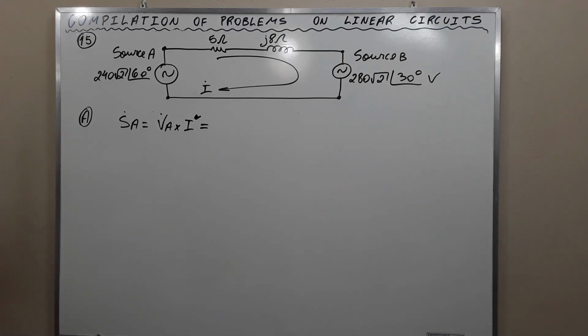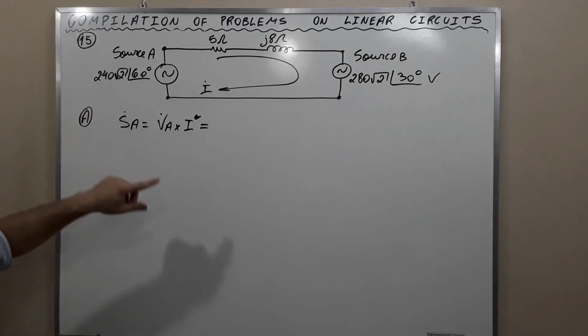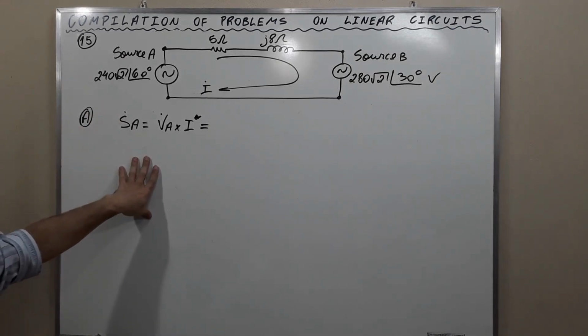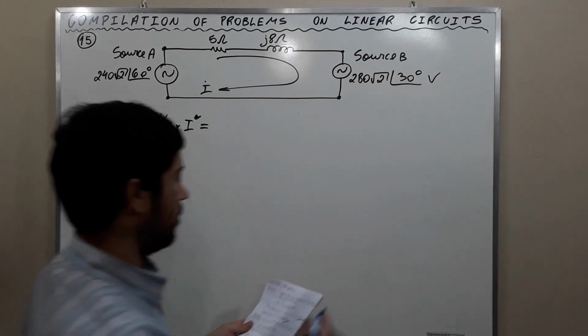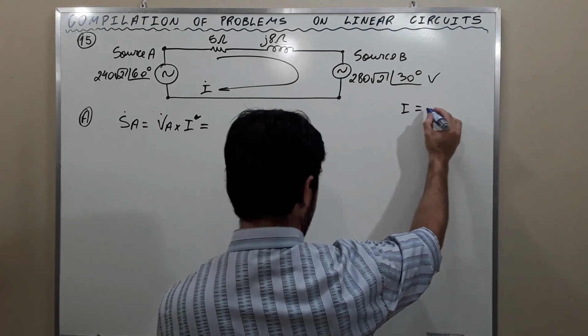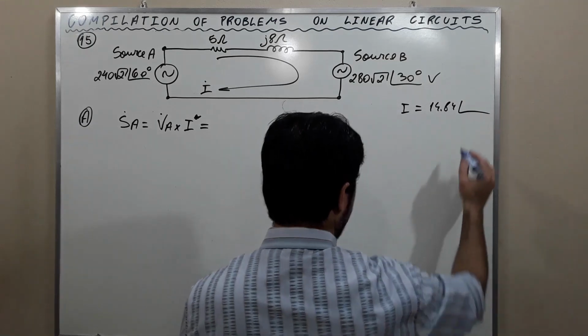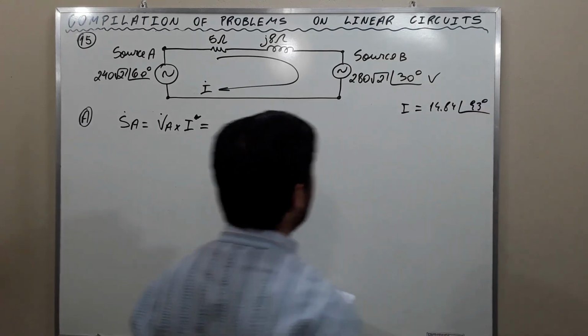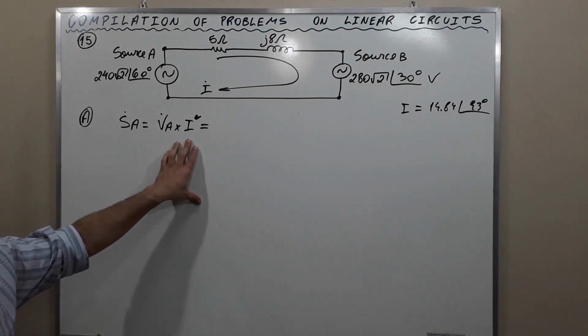VA is 240 phase 60 degrees, and the current we just calculated, I erased it, and I'm going to write it again. It is 14.84 phase 93 degrees, okay? We are going to work with the complex conjugate of the current phasor.